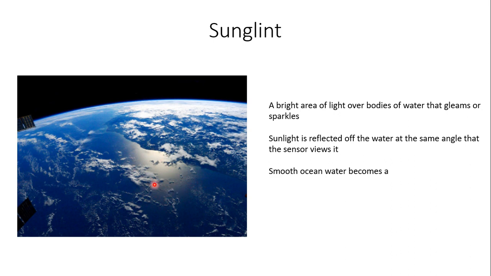And also sunglint, in order to get this, you need to have a smoother ocean surface. Okay? You have to have smoother ocean water. If this water is choppy, there's a lot of wind energy, and the wind waves are higher, so you get your increased sea state, you're not going to be able to pick the sunglint up as readily. So just by looking at the satellite image, the brighter area here is sunglint.